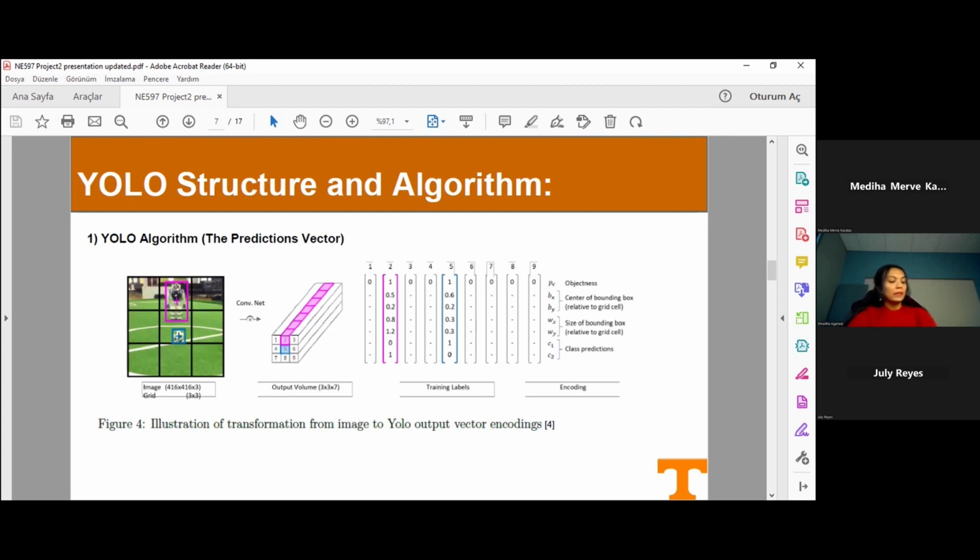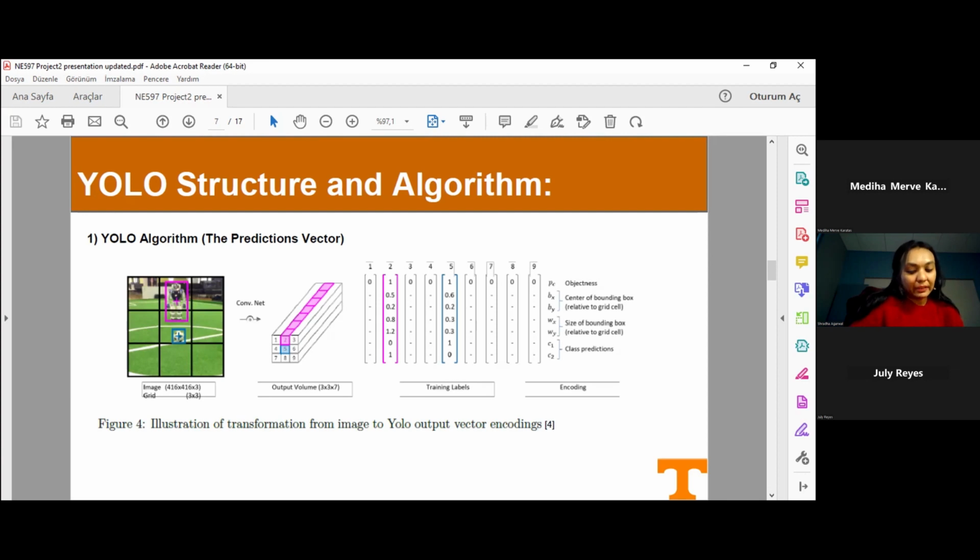Your point is that it sees the object, divides into the grid, and then in each grid it gives you an objectness score. For example, in the center grid there is a football, so in that grid it gives an objectness score of 1 because it's sure there is an object.